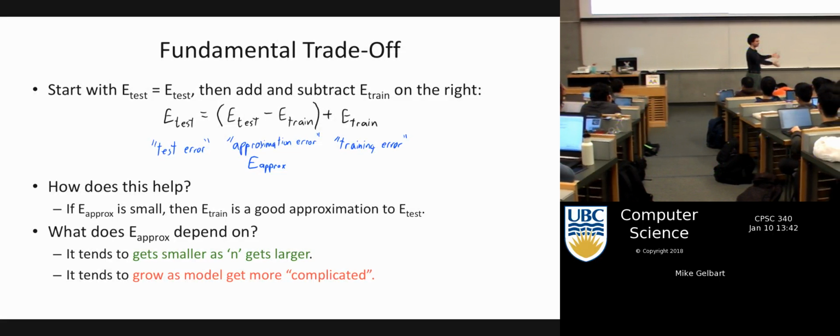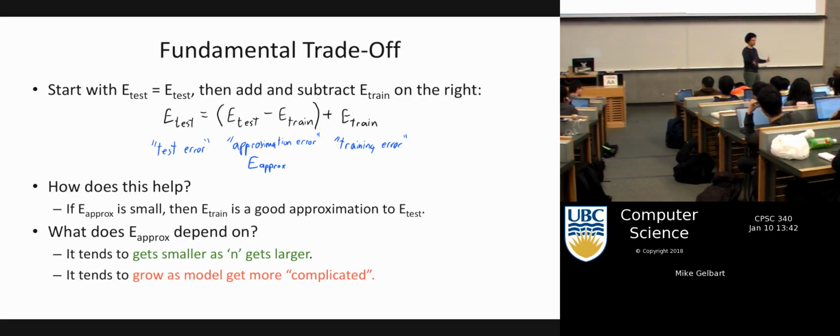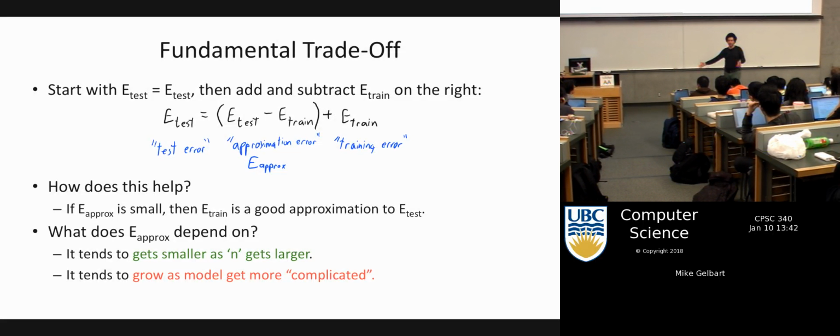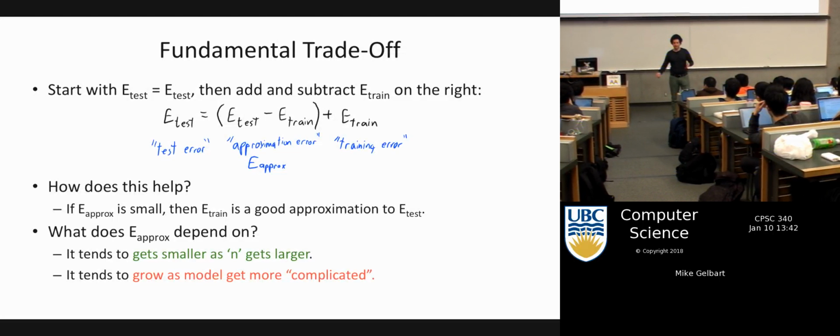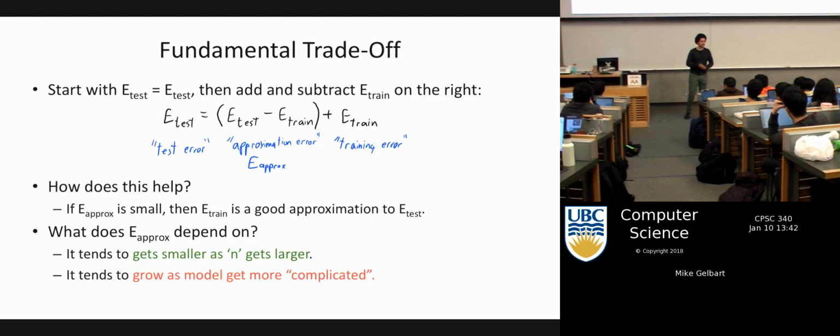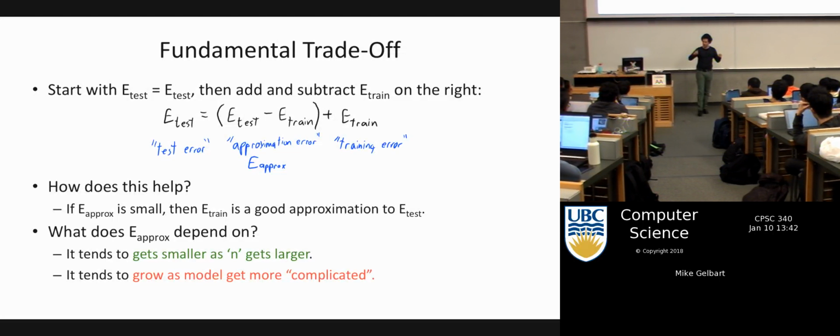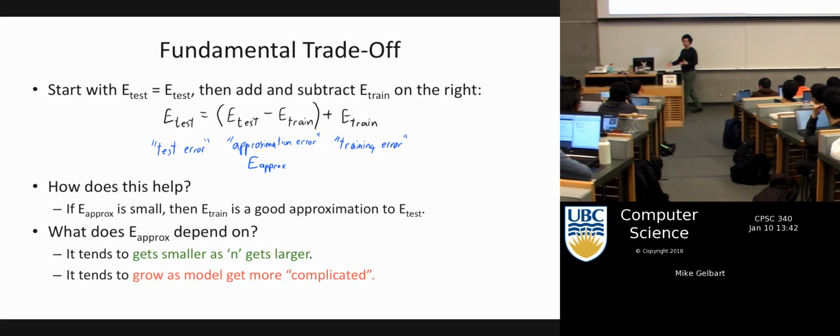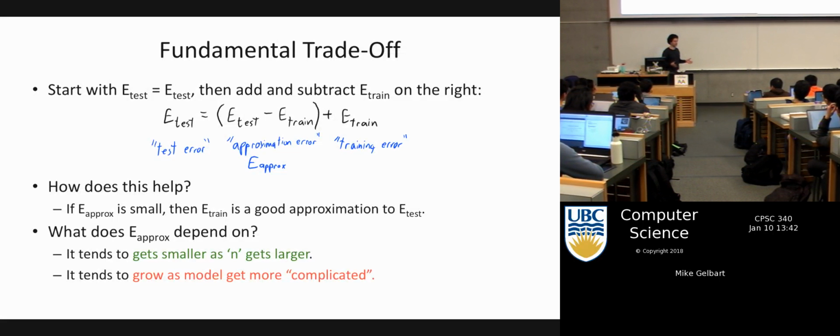Because if the model's arbitrarily complicated, like a super deep decision tree, you might always be able to get 0 training error, but not necessarily test, until you get this gap. And the more complicated it is, the more it is free to do silly things to accommodate the peculiarities of the training set.